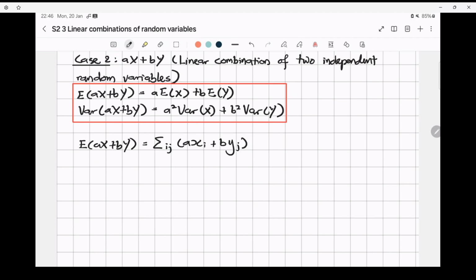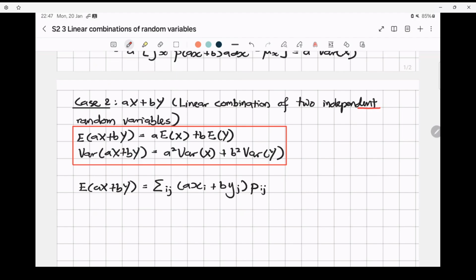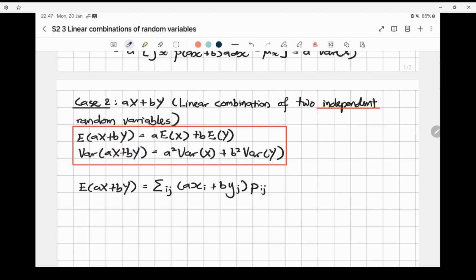Now this is the part that we need to be careful. The reason why I stress this particular word independent is because for independent probability distribution, we know that P(x,y) is equal to P(x) multiplied with P(y).